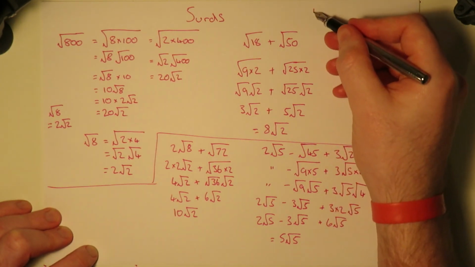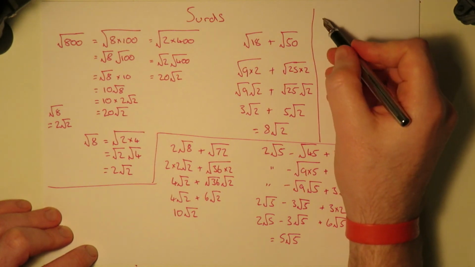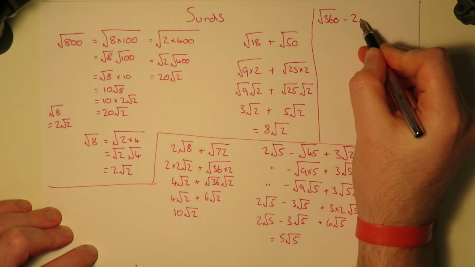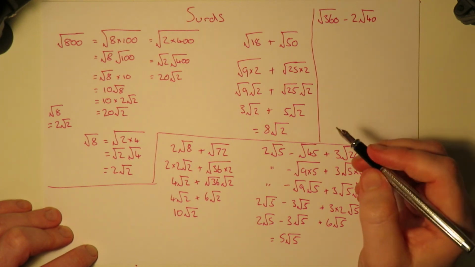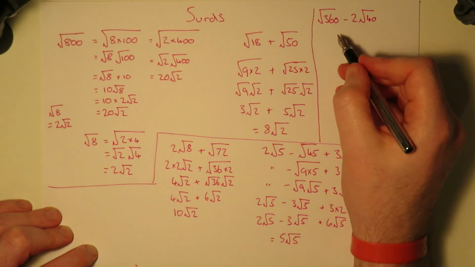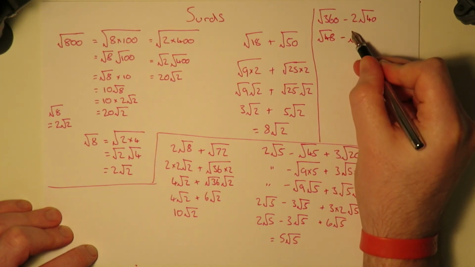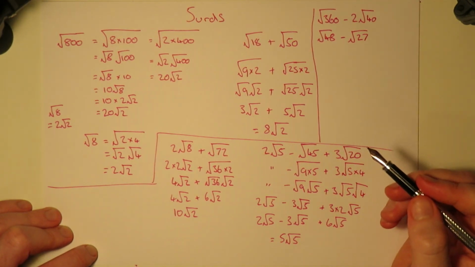So what I'll do here is give you a couple of questions to try, and when I upload this video I'll make sure to put the answers to these questions in the video description. So have a go at root 360 subtract 2 root 40, and also have a go at root 48 subtract root 27, and I'll give you one more.